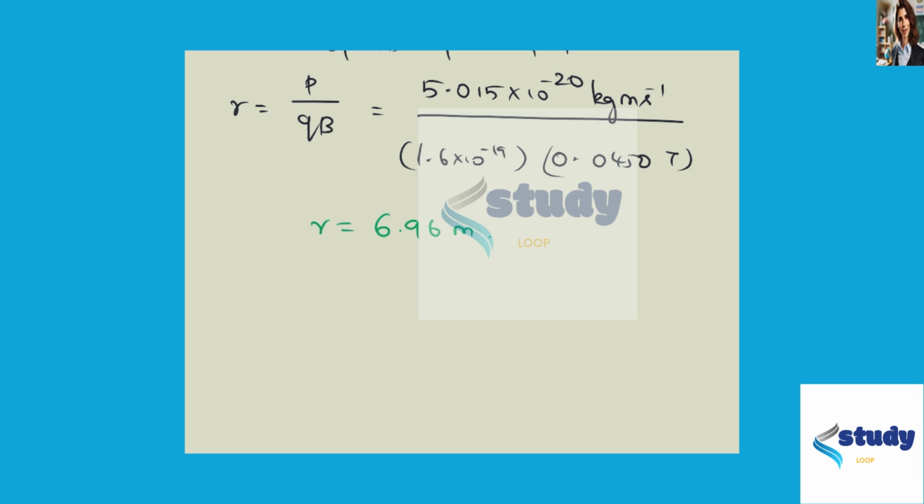Then the displacement of the proton has to be calculated. Delta x is equal to x final minus x initial, therefore 1 minus 0, which is equal to 1 meter.